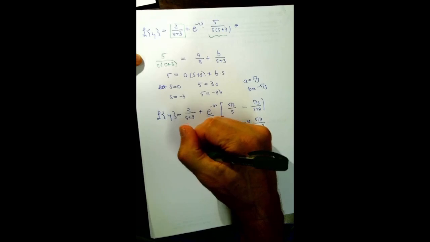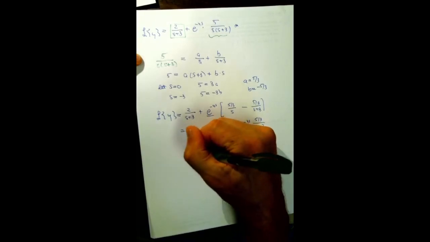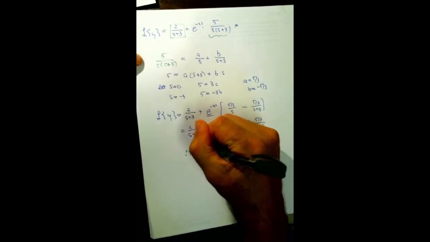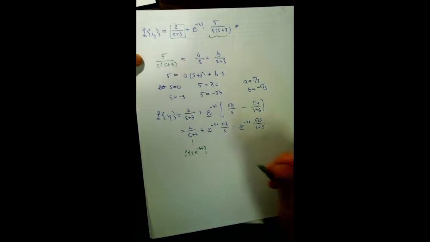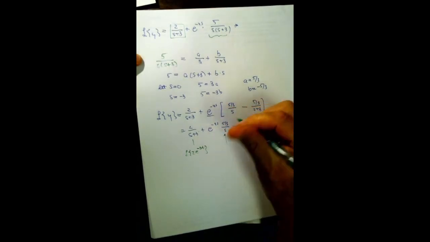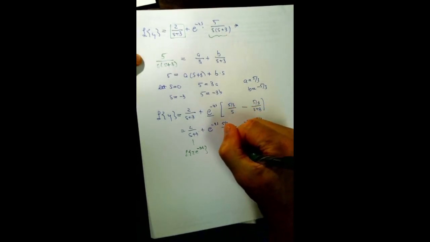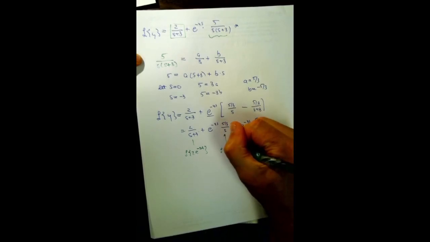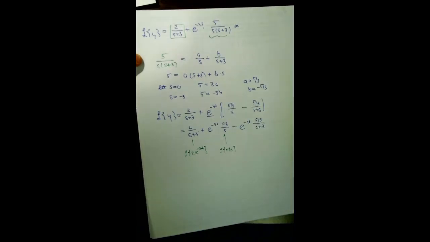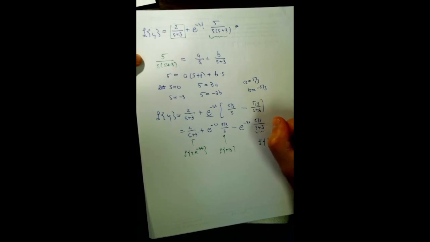Okay, again, Laplace transform of 2 times e to the minus 3t gives me this expression. This is the Laplace transform of 5/3. And just like this is the Laplace transform of 5/3 times e to the minus 3t.